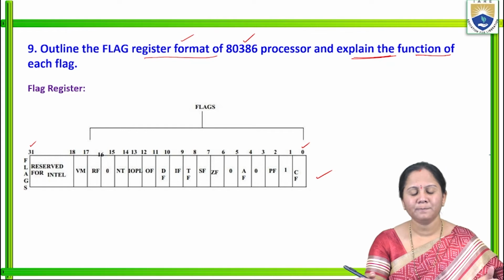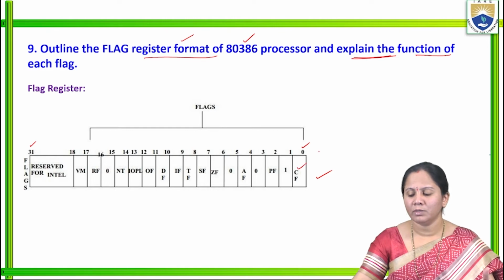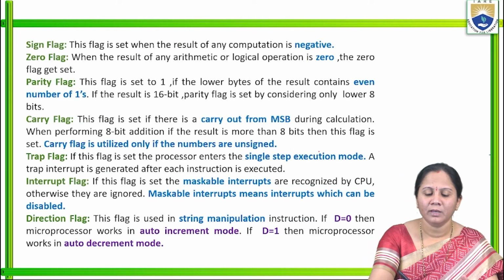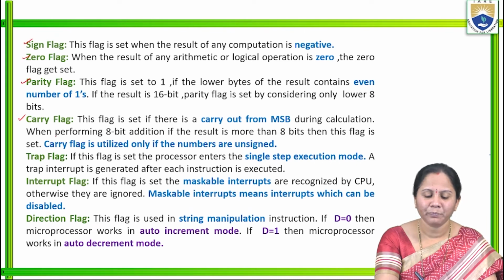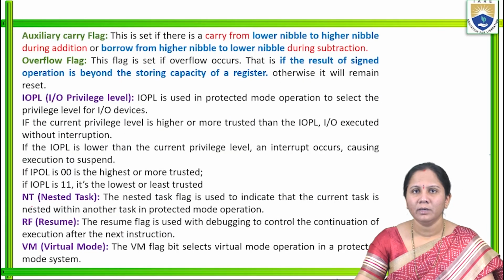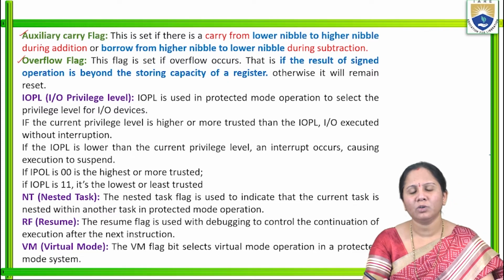Out of this 32-bit flag register, only some flags are used here. As we know, CF stands for carry flag, then sign flag, zero flag, parity flag, trap flag, interrupt flag, direction flag. And other flags here, auxiliary carry flag and overflow flag, are all available in 8086 also.